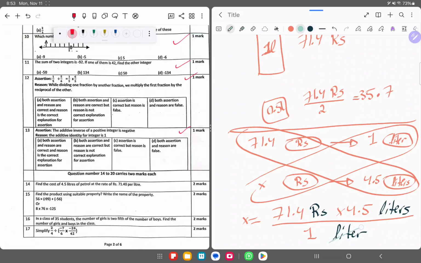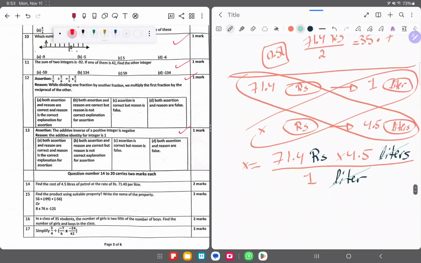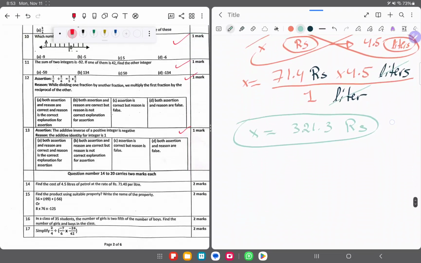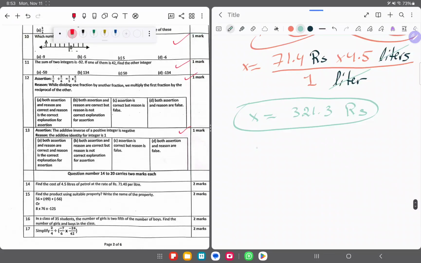So now I'm removing liters and liters. What am I left with? I'm left with x equals 71.4 times 4.5. That's going to be 321.3 rupees.